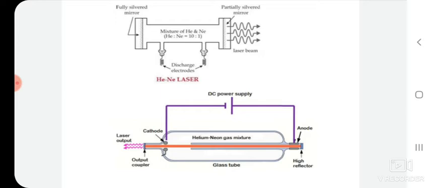The spacing between the mirrors is adjusted in such a way that it is equal to an integral multiple of half the wavelength of laser light, that is nλ/2.